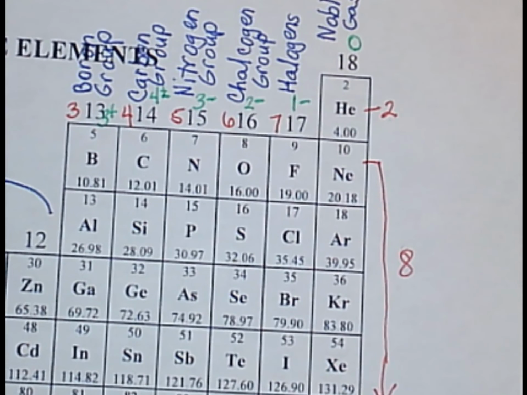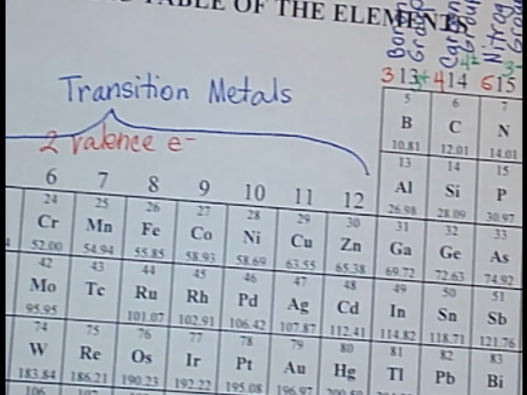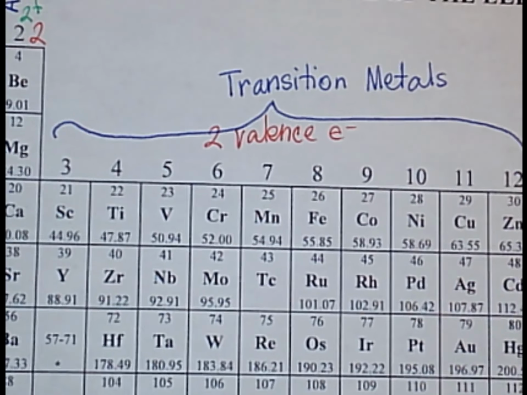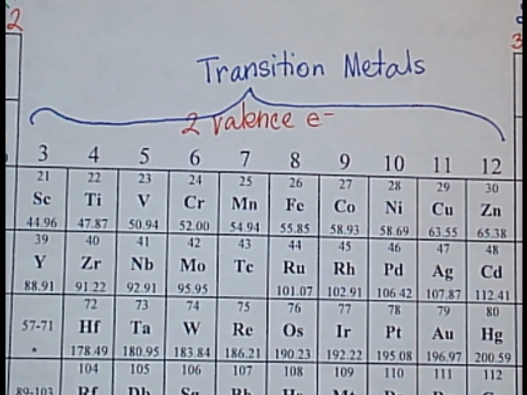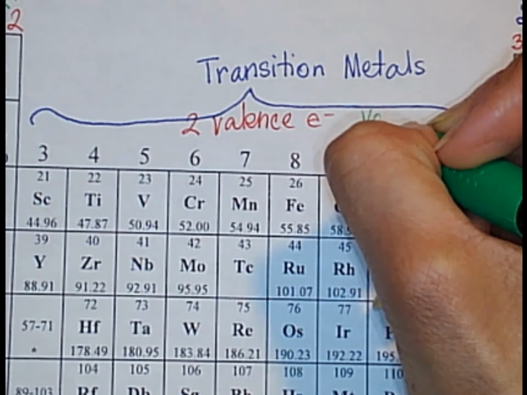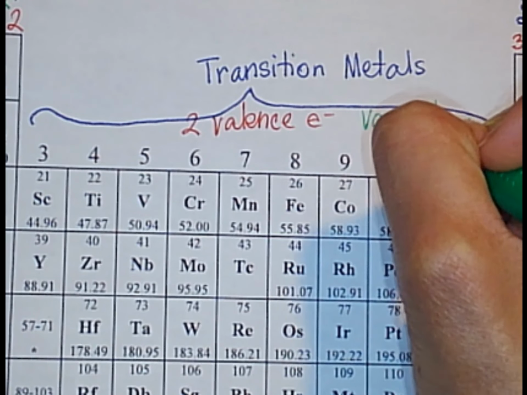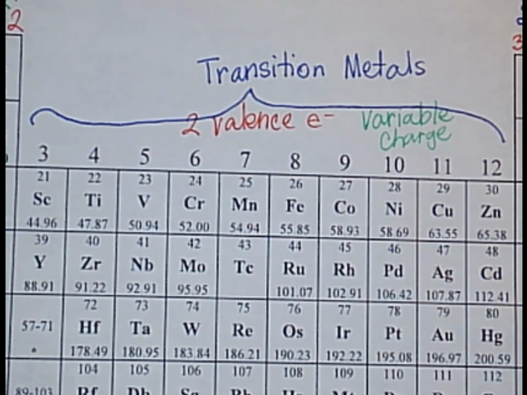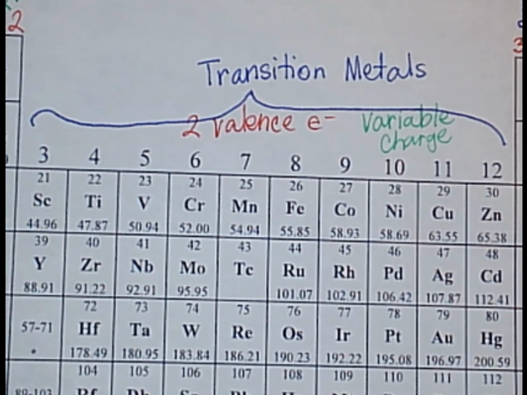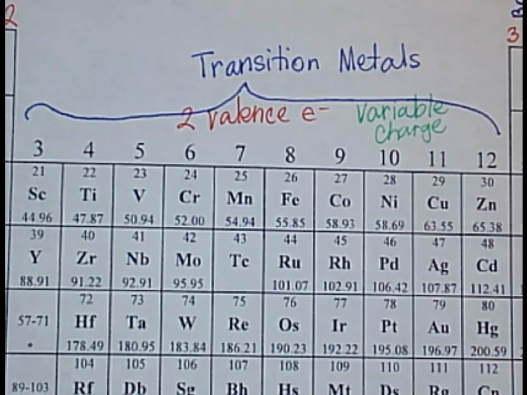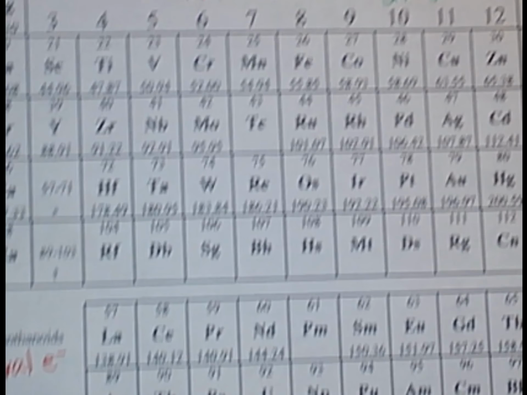Because they're very stable. Going back to your transition metals, your transition metals have a variable charge. So they have more than 1 charge usually, and you will have to memorize some of these, but we'll tell you what those are when the time comes.